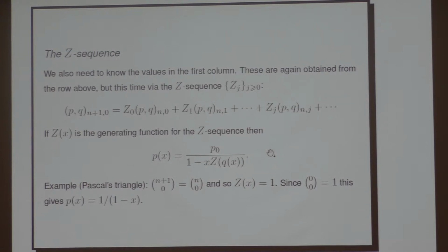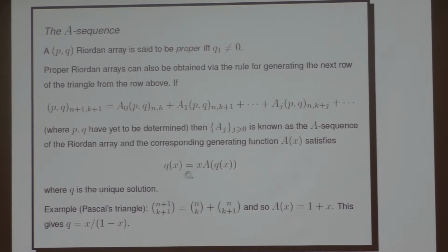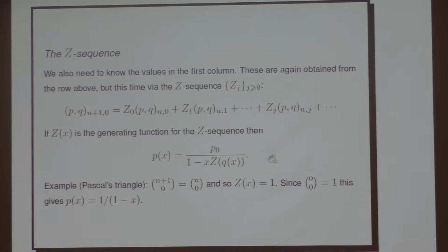Oh, I think it's the other way around, that you're given the Z sequence, and then you're trying to find P from the Z sequence. Oh, but the Q is fixed. And the Q you've already found from the A sequence by solving this equation. Oh, okay, the Q is already there. The Q we already know, yes. Okay, Q is already there, and then you just make up some Z sequence.